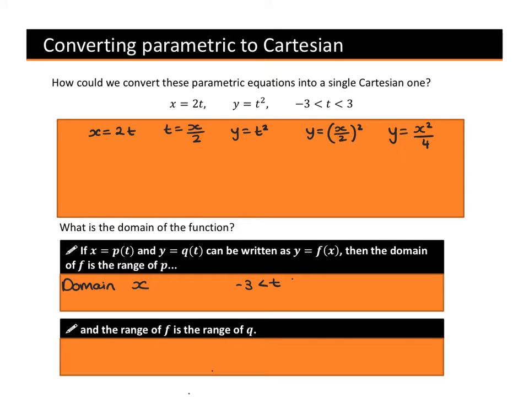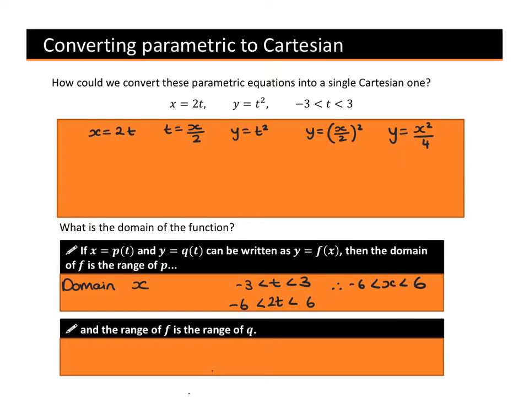Minus 3 is less than t is less than 3. We know that x equals 2t. So if I multiply this by 2, I'm going to have minus 6 and 6. So therefore, our new domain is minus 6 is less than x is less than 6, because we know that x equals 2t. That's what we know.